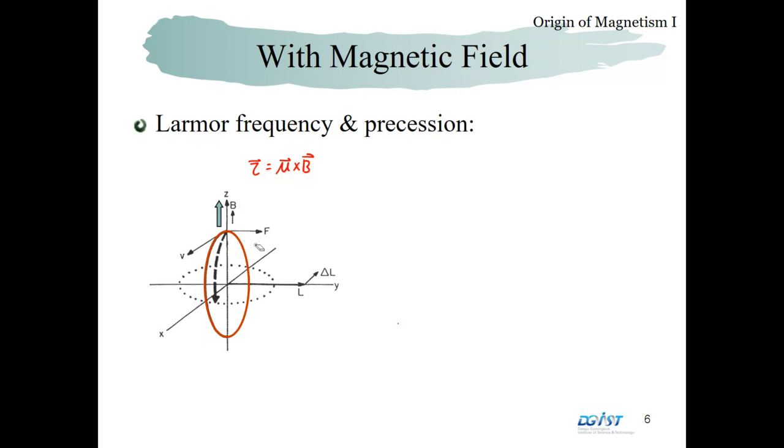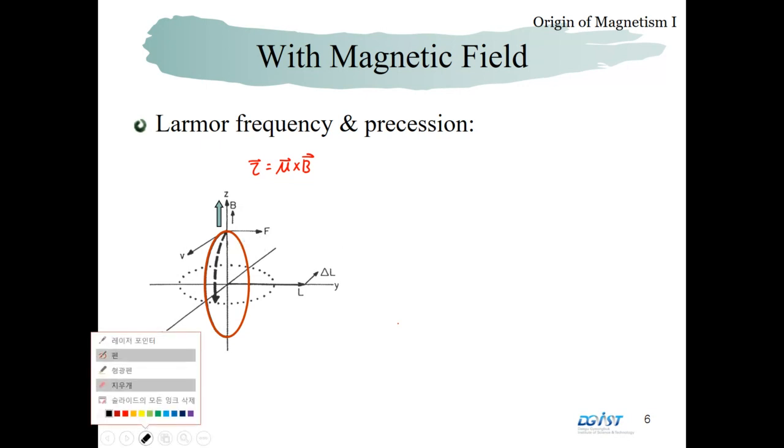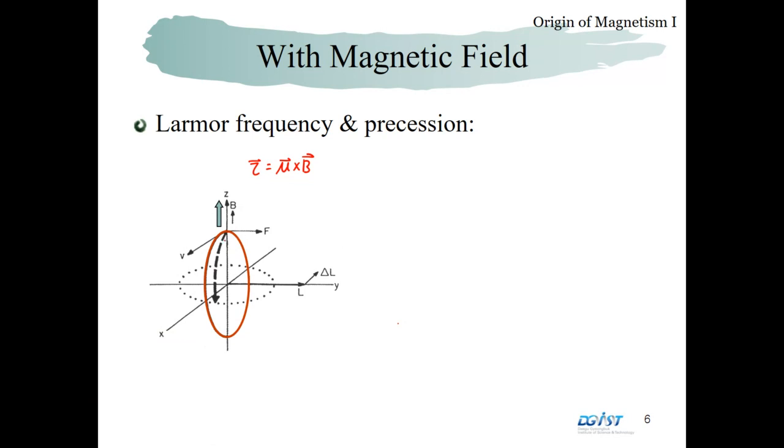Okay, so this electric motion, this circular motion, is represented by this angular momentum or magnetic moment in this direction. So if you think of this relation, we have a certain amount of torque here.